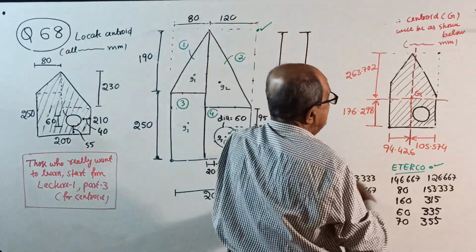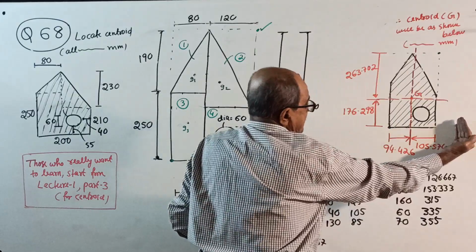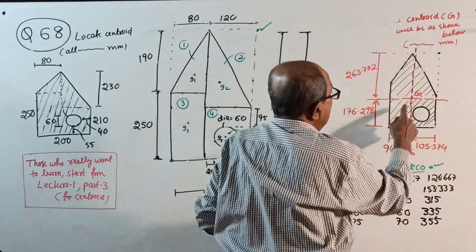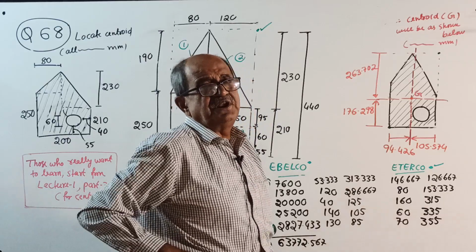You will get x bar and y bar from here. Centroid is marked. Question is over.